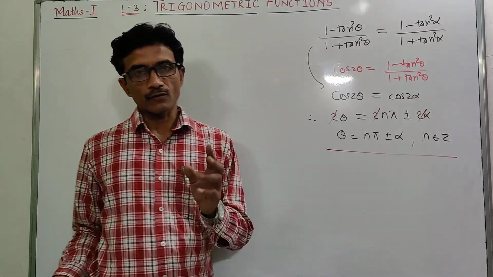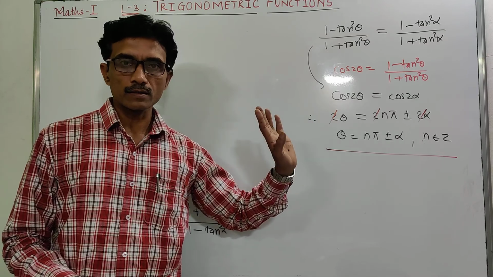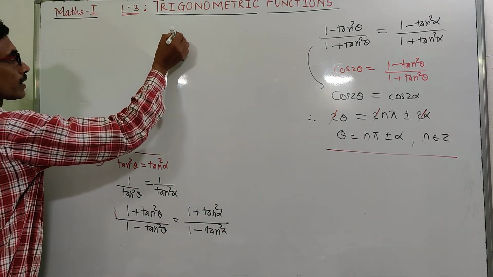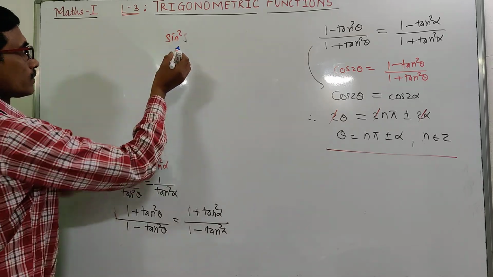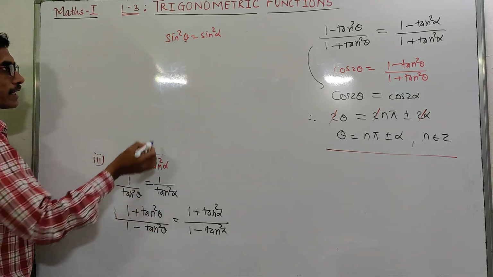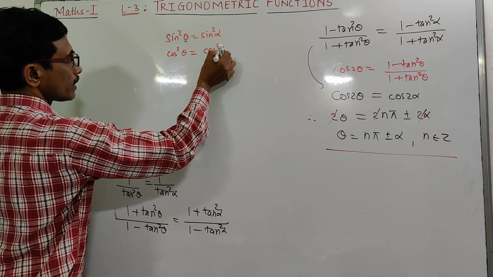See, fortunately for all three equations we are getting the same solution, n pi plus minus alpha. First is sin square theta is equal to sin square alpha. Second is cos square theta is equal to cos square alpha.